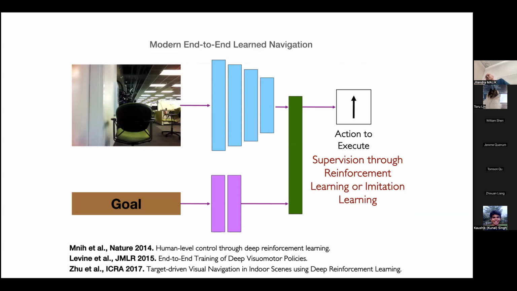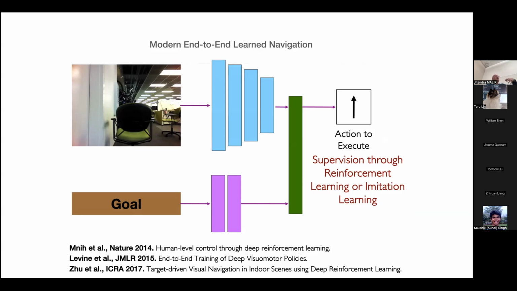So that doesn't seem so good. Okay, that's one answer. Let's think of, is there a way of converting this to a supervised learning problem or an imitation learning problem? So you find the trajectories. How can we find the trajectories? We can use the classical techniques. So there is some environment. We have a map of that environment because this is in a simulator.